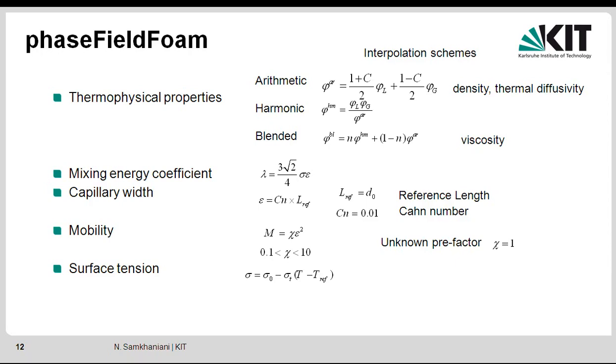And there is an unknown prefactor, which in the phase field method is calculated based on comparison with experiment. In our study, we always use this prefactor 1, and it shows that with this prefactor, we get a good result.